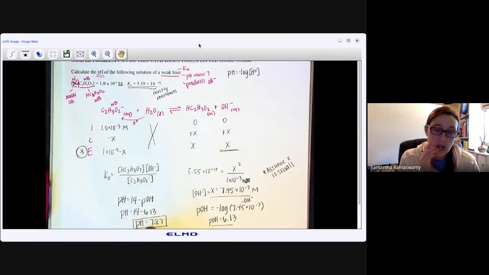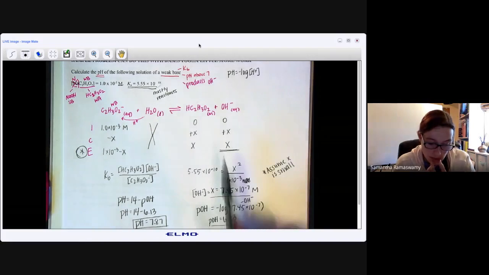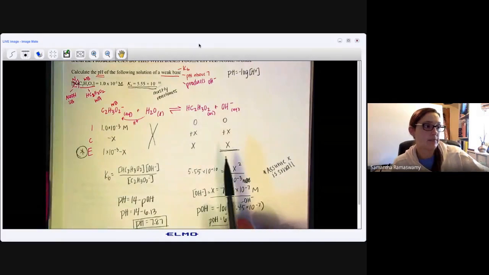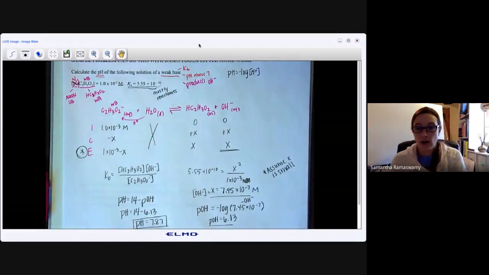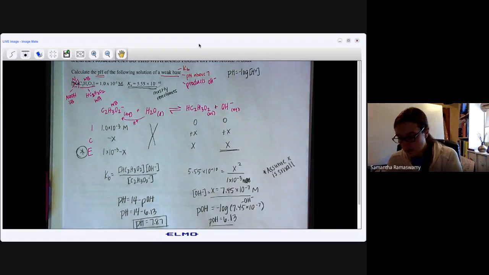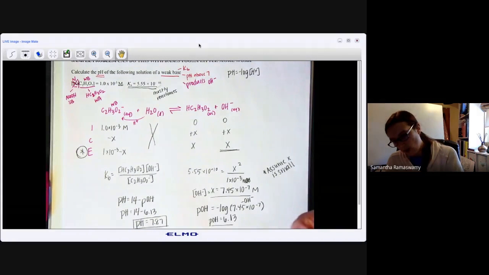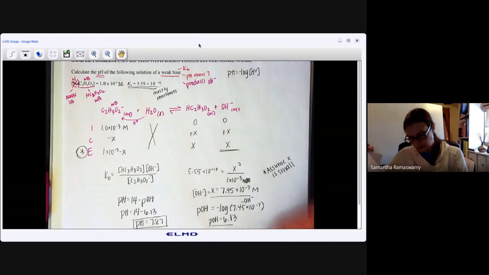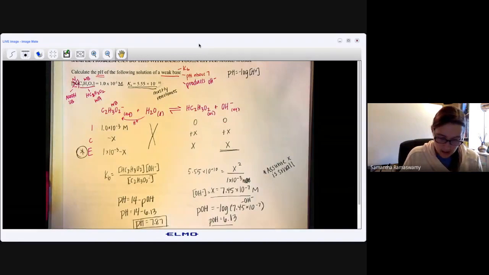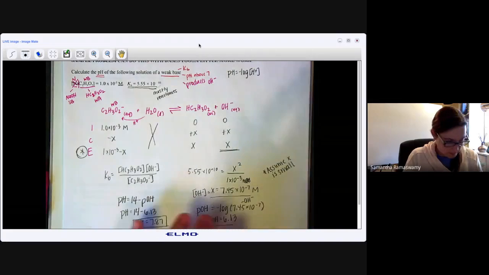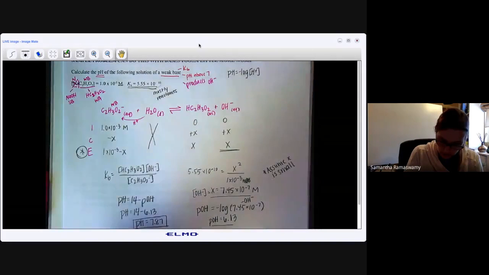So a weak base calculation does take a little bit more work. It takes a little bit more work because for a base, you have OH minus. And so when you have OH minus, you have to figure out POH and then pH. If you want to look back at your notes, there's an example like this in your notes.